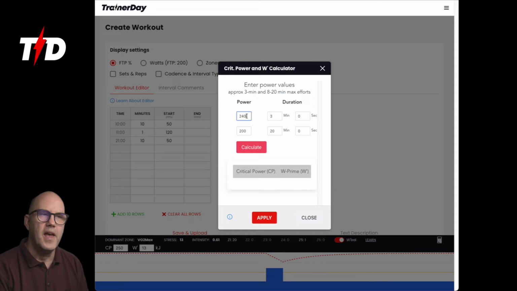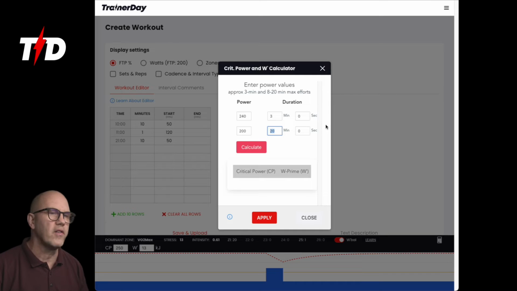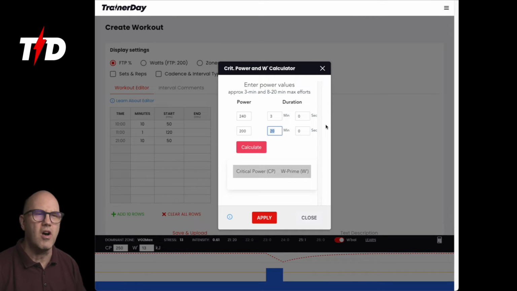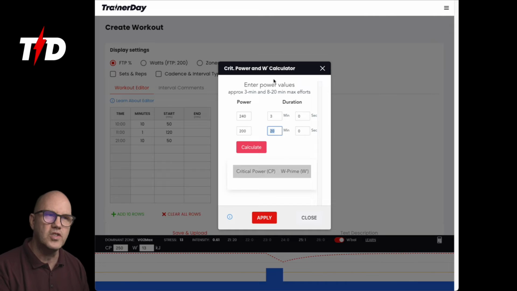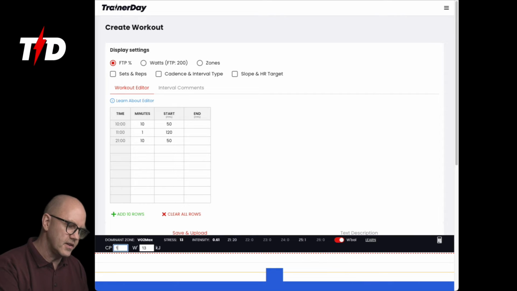See what average or normalized power you can do for that time, keeping it pretty consistent, and do the same for a 20-minute test, your best 20 or 18 minutes, some longer effort where you really were going as hard as possible. Once you know those numbers, you click calculate. Say my critical power is 168 and my W prime is 14,000.